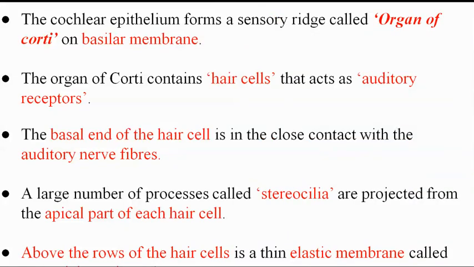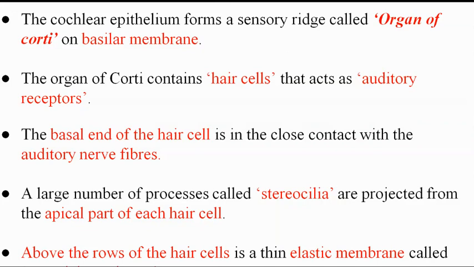Coming to the organ of Corti, it consists of hair cells. These are the actual structures which act as the auditory receptors. The auditory function, or the receiving of these vibrations, is done by the hair cells present in the organ of Corti.